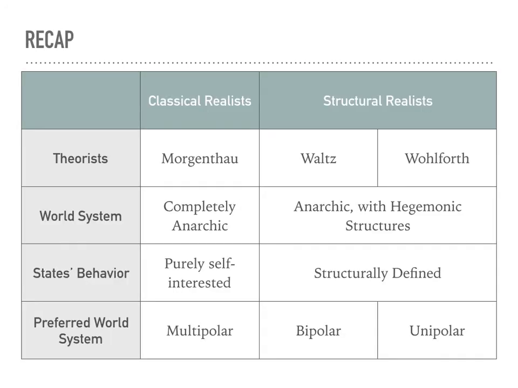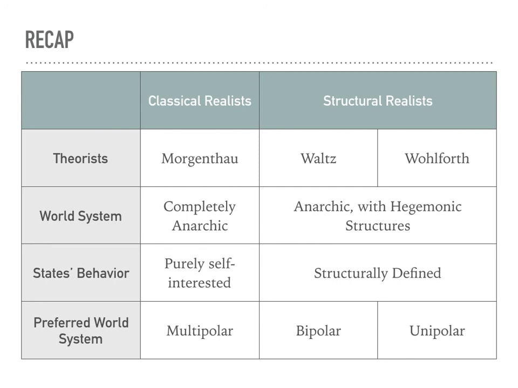So I wanted to give you a quick recap on realism, both classical and structural, so you can really get it. You have three theorists of realism: Morgenthau, Waltz, and Wohlforth. For Morgenthau, the world system is completely anarchic, Hobbes' state of nature. For Wohlforth and for Waltz, it's anarchic, but there are hegemonic structures that exist that provide some semblance of order to the world system.